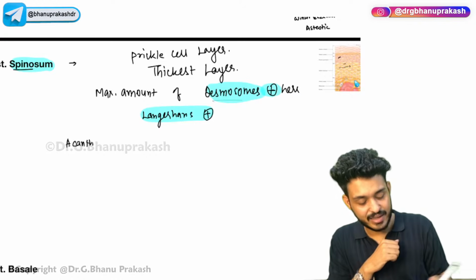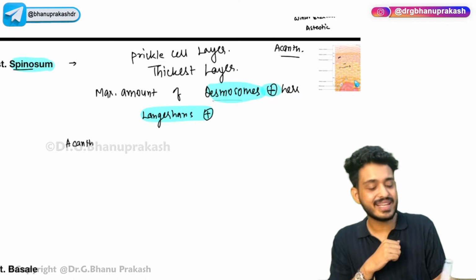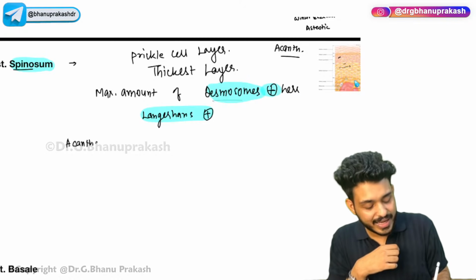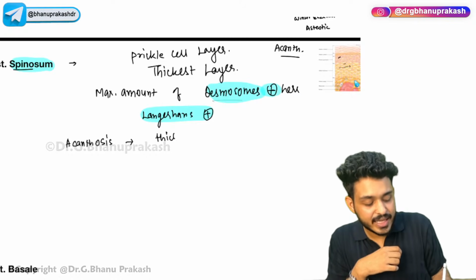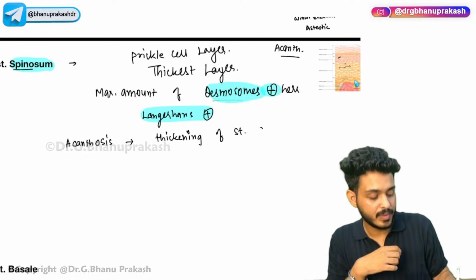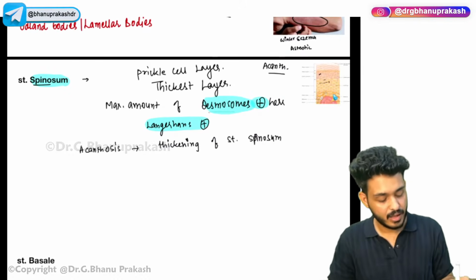Just try to understand. These cells of the spinosum are known as acanth cells. Acanth means spine-like cells. So acanthosis is nothing but thickening of the stratum spinosum. The stratum spinosum gets thickened. This is known as acanthosis.